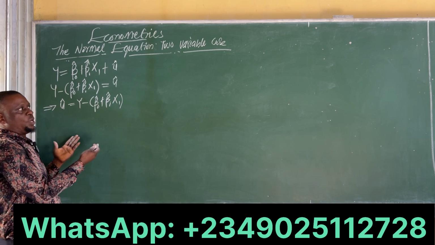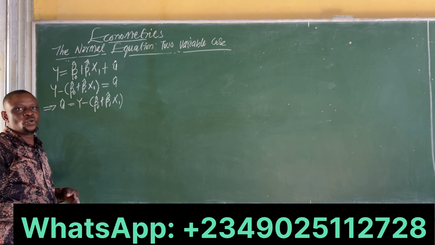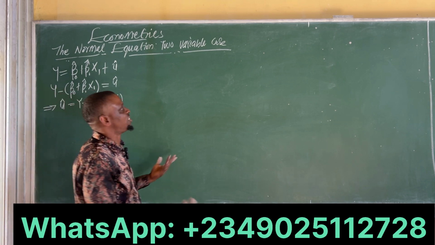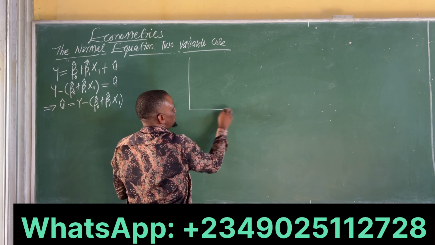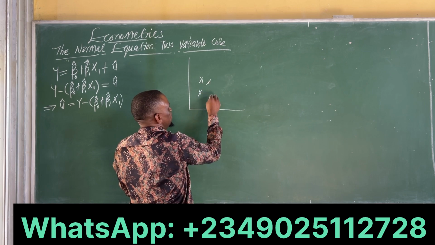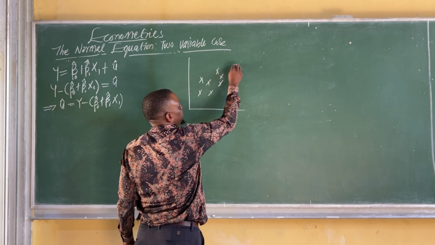Now, let's give an illustration of what we have just done. When you're given a set of values for two variables, y and x, or let's say x1 and y1, and you have something like this, say the values are scattered. We can call this a scatter plot of the data set.